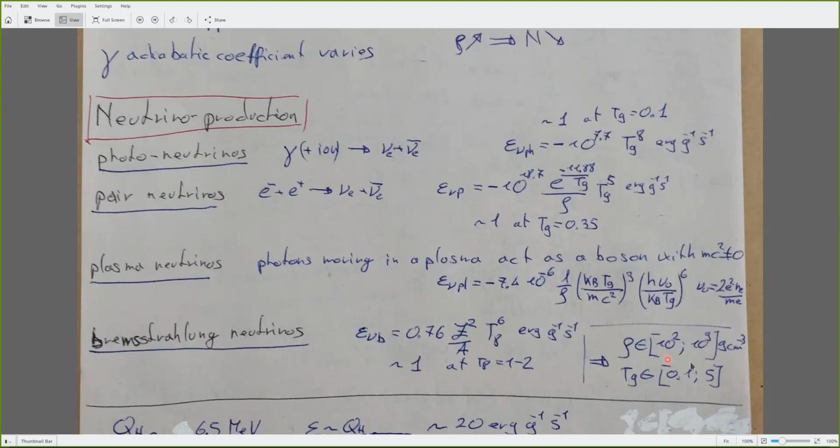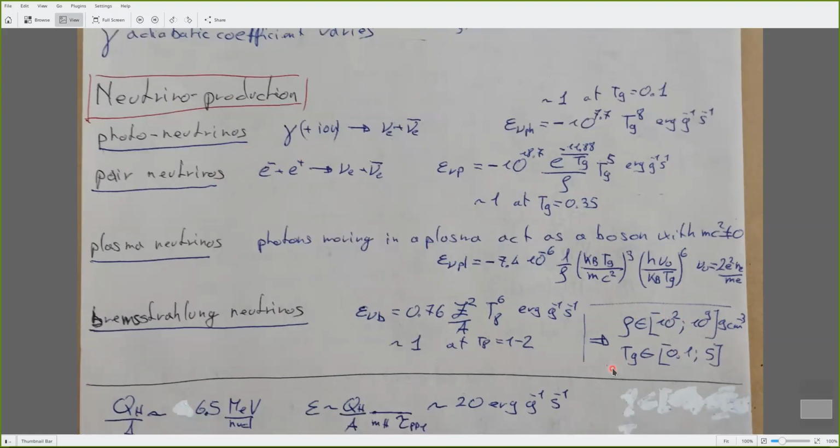For Bremsstrahlung, in general, and I think also in general for neutrino production, you have a range of density between 10 to the 2 and 10 to the 9, with temperature around the millions.